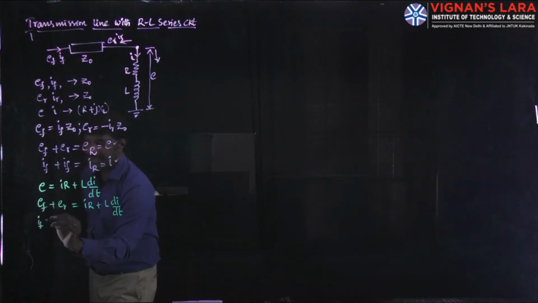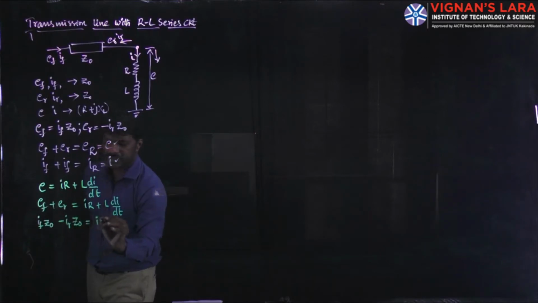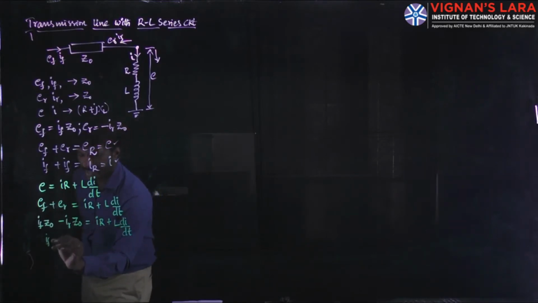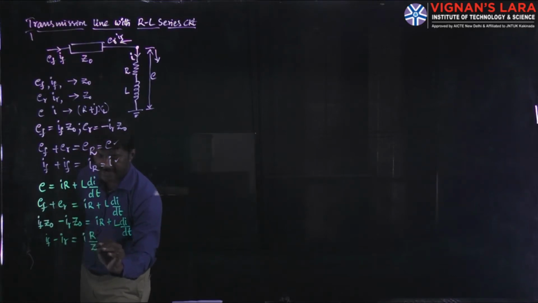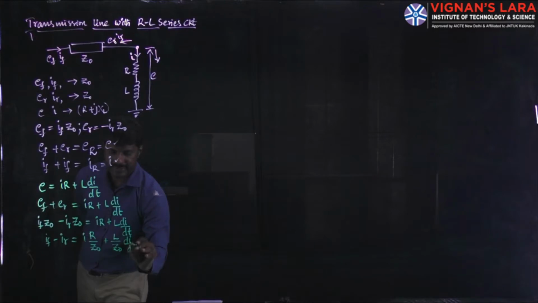IF into Z0 minus IR into Z0 is equal to I into R plus L di by dt. So that IF minus IR is equal to I into R by Z0 plus L by Z0 into di by dt, in the simplification.